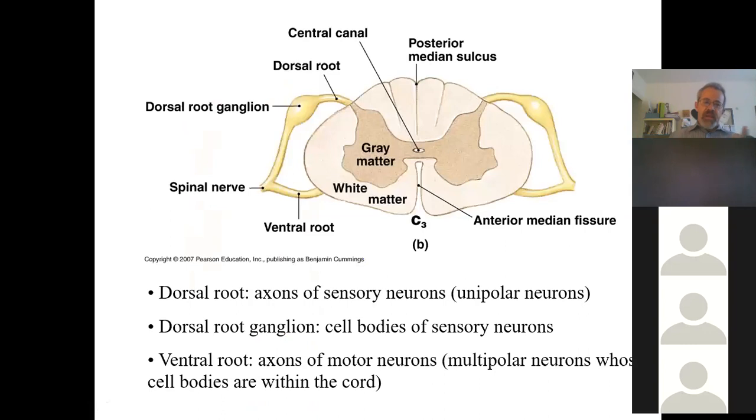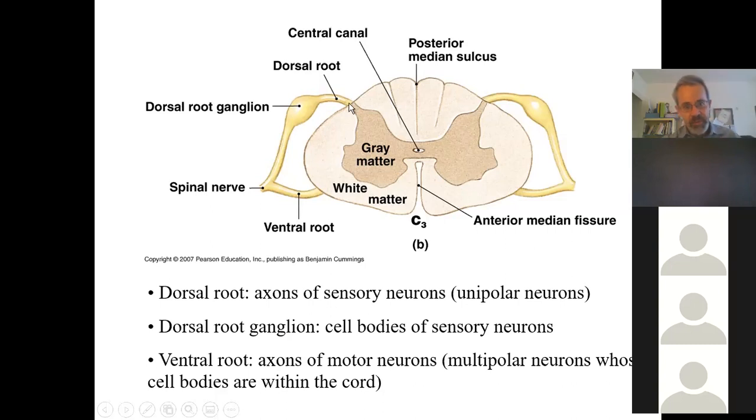All right. So to examine that a little bit further, the dorsal root consists of axons of sensory neurons. And what I mentioned last time was that sensory neurons are structurally unipolar. If you go back to that lecture, you'll see unipolar neurons consist of a cell body with a small little branch going in both directions. Whenever you hear of sensory neurons, they're always going to be unipolar.